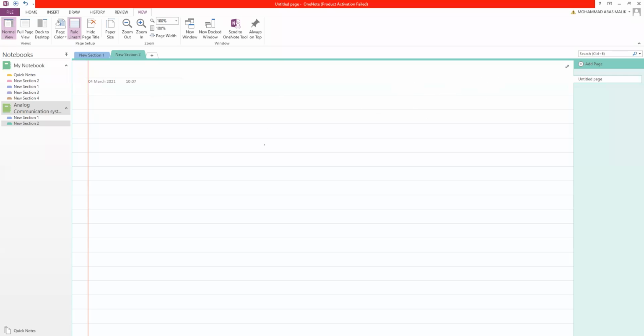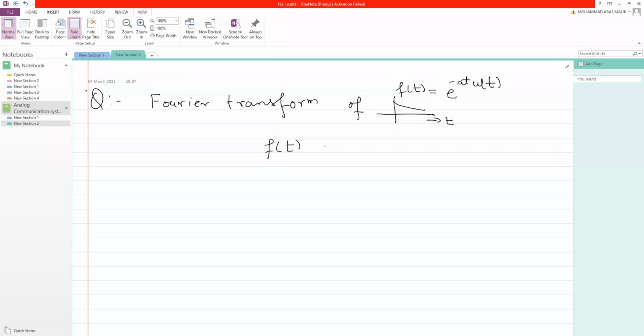And you have its Fourier transform like this: F of t, its Fourier transform is 1 by a plus j omega. Done? We were done with this, right?